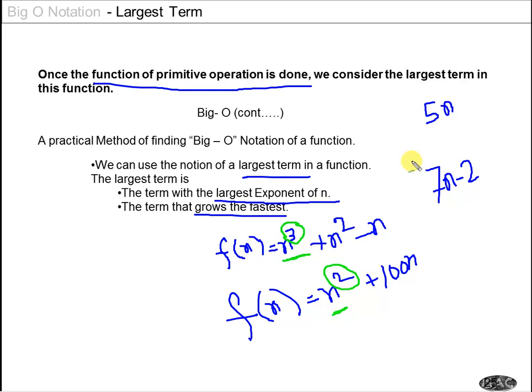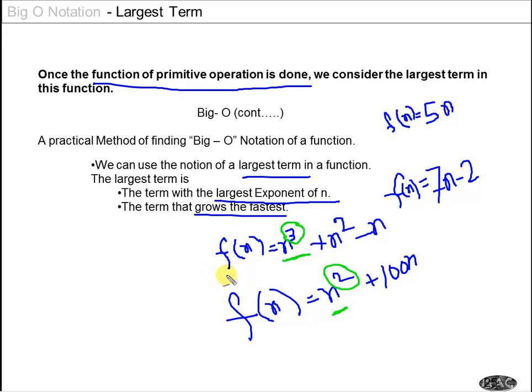Now what is f(n)? We have calculated f(n). f(n) is nothing but the number of primitive operations when the input is n. Now inside f(n), find out the largest term in the function, and that largest exponent of n, that term itself becomes the order of the algorithm.